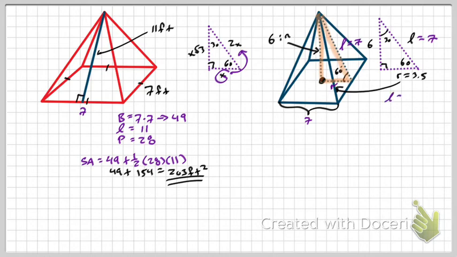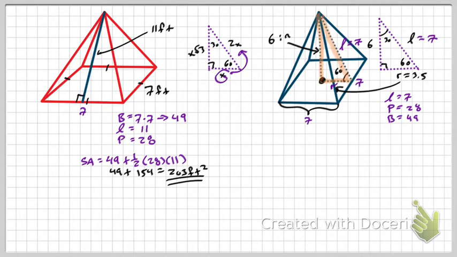So we know our slant height is 7. The perimeter of our base is, because this is regular, 7 times 4, so 28. The area of our base is 7 times 7, which is 49. I did not mean to make these have the same base dimensions, but it just happened.